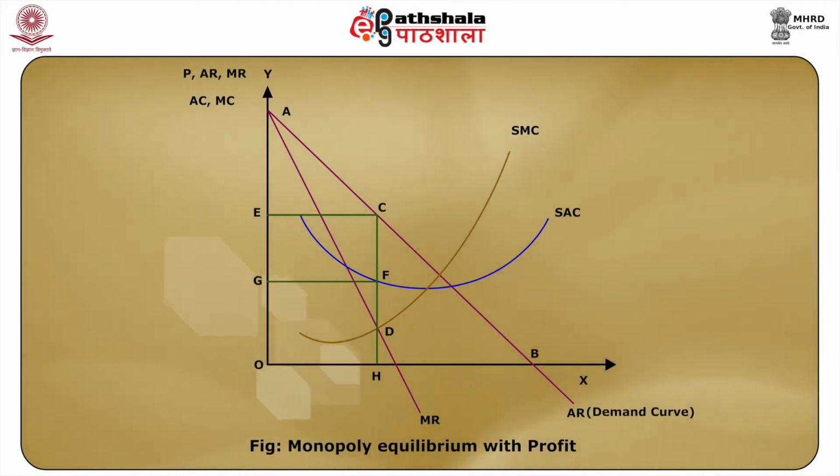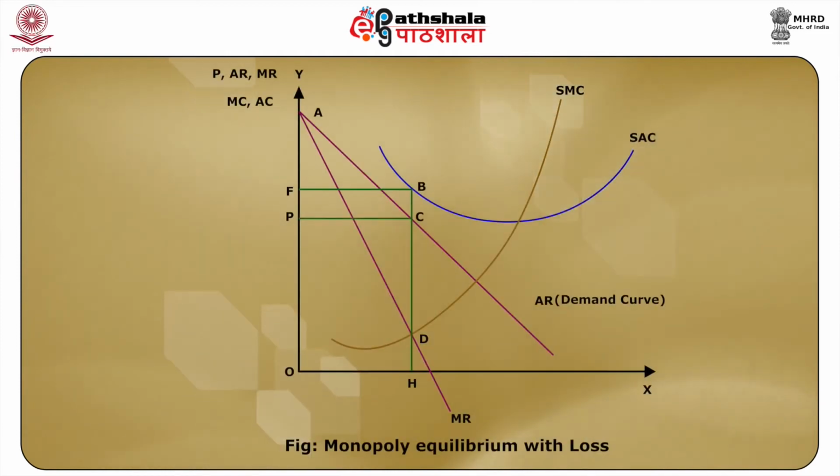The firm produces OH amount of output and sells it at the price CH. Short run average cost of producing OH unit of the commodity is HF. Therefore, total profit of the firm is the area EGFC.